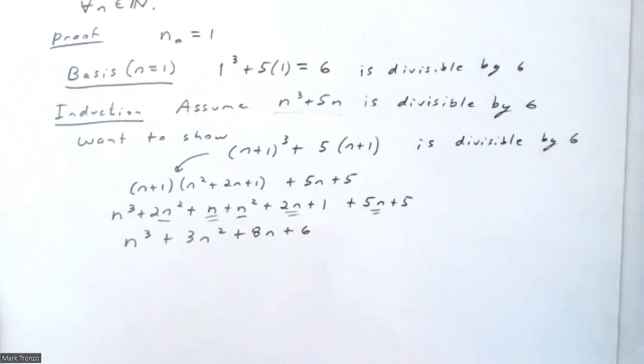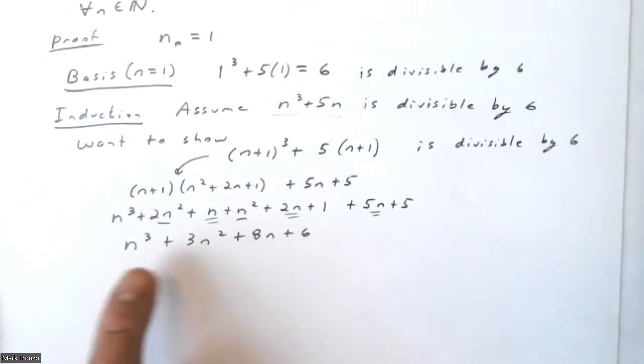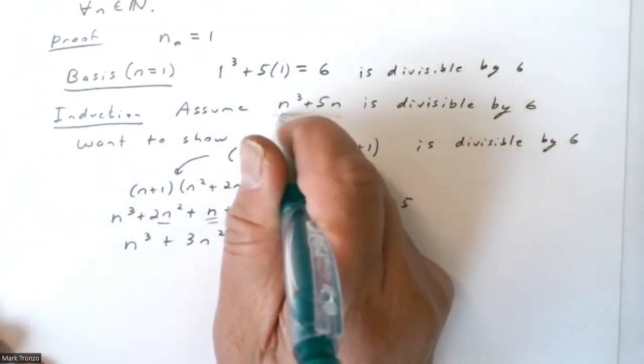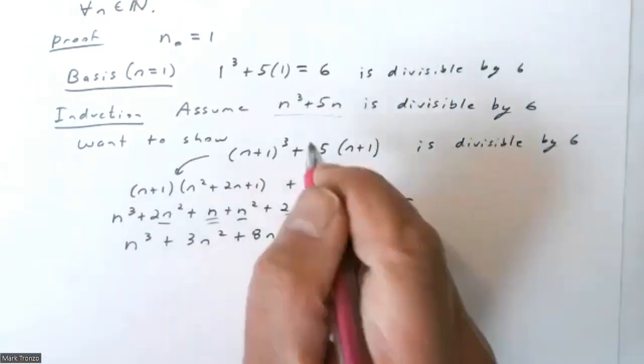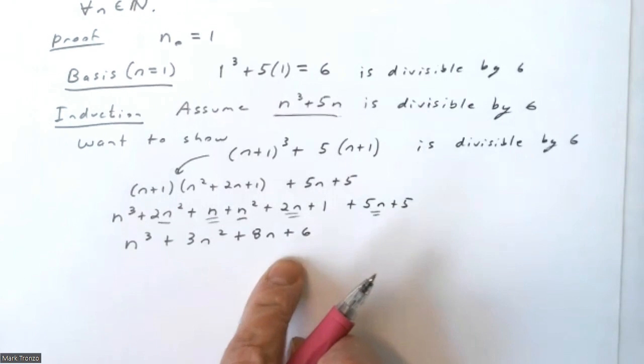We could really just rearrange things. We could take some out of the 8n and move it over here. In other words, I'm looking to try to get this. So let me move these around.